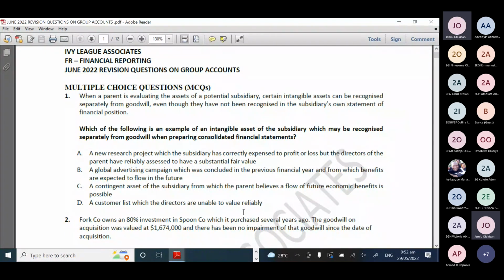And it also talks about intangible assets. But IFRS 3 never talks about contingent assets.